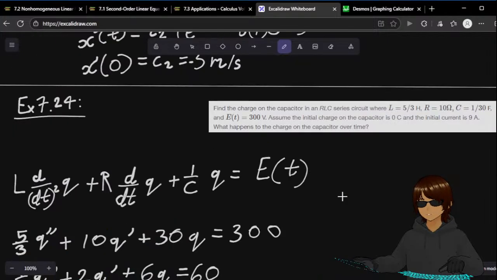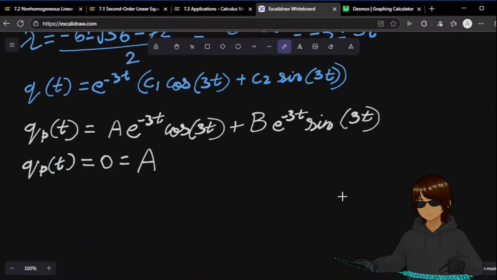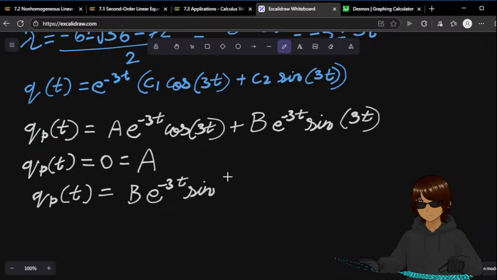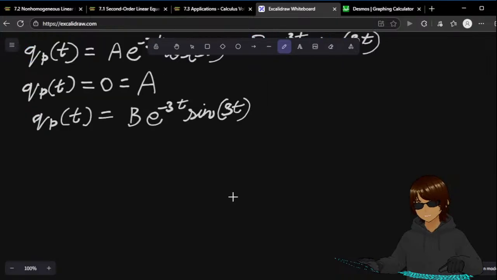Initial current is 9A, and we differentiate this potential solution.